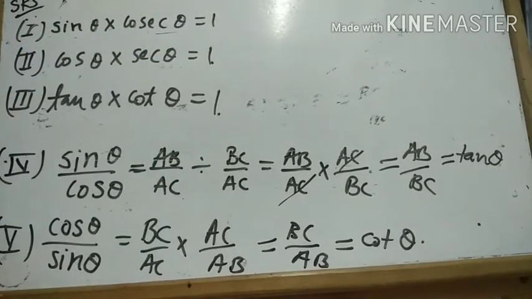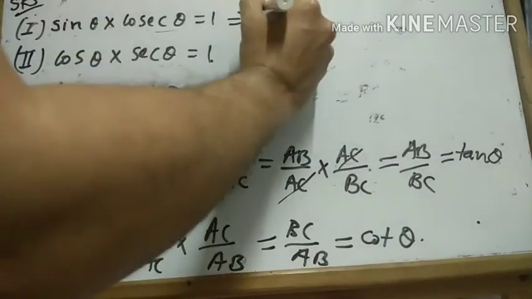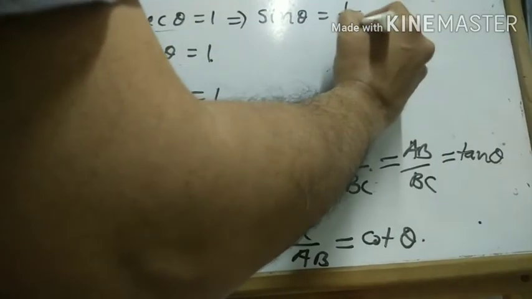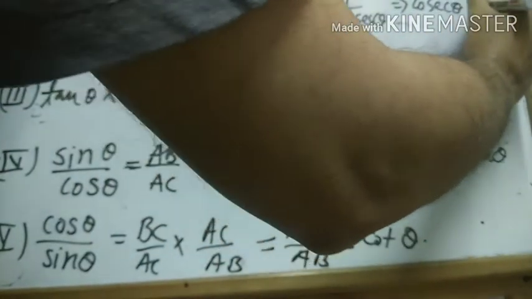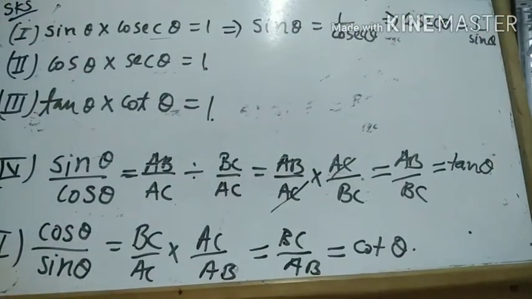Any of these 3 results can be written down in 3 different forms. One is this form. Another, I can write sine theta is equal to 1 upon cosec theta, or it can be written down as cosec theta is equal to 1 upon sine theta. So any of the 3 forms means one and the same.